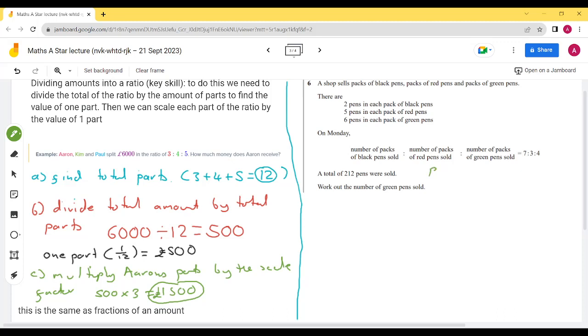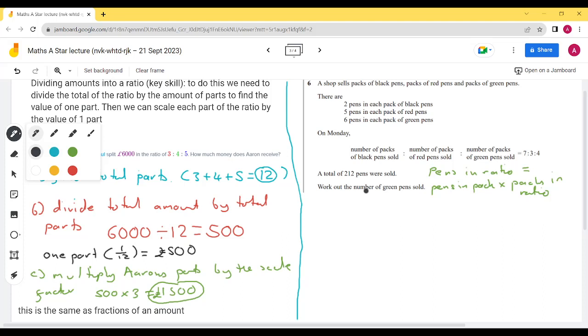So to get pens in ratio, we need to do pens in pack times the amount of packs in ratio.